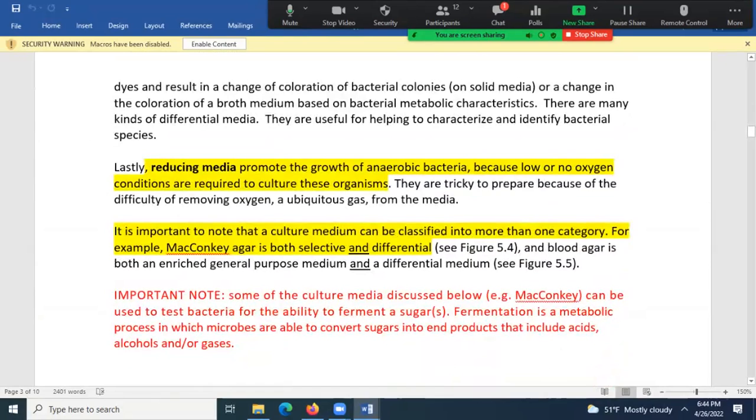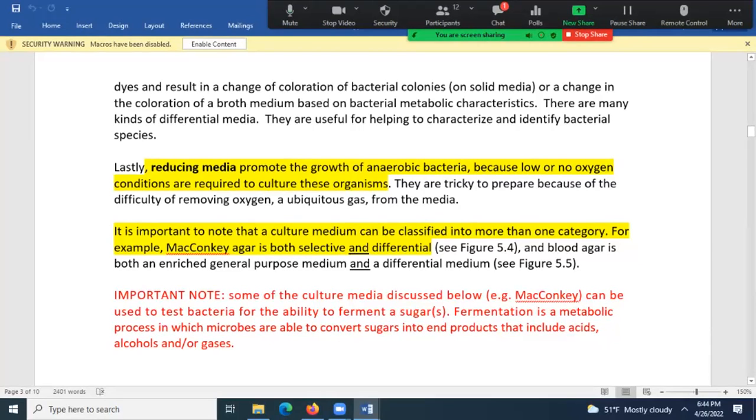And lastly, the last media we're going to talk about is a reducing media. This media promotes the growth of anaerobic bacteria because low or no oxygen conditions are required to culture anaerobes. And so a reducing media is what we use to grow anaerobic bacteria.